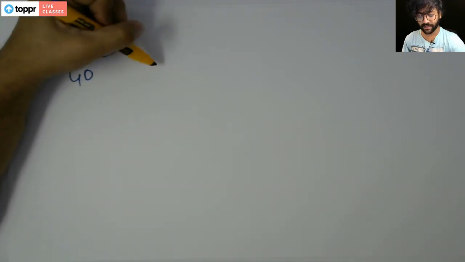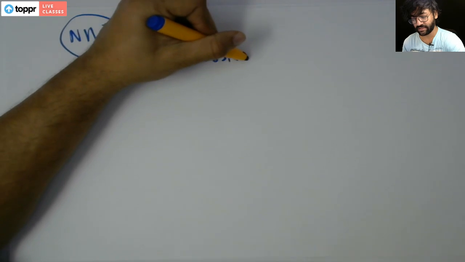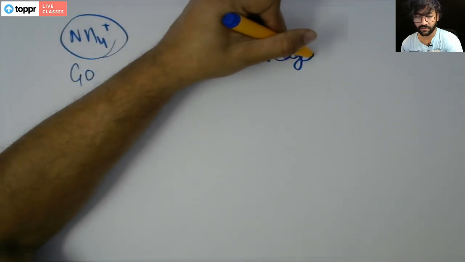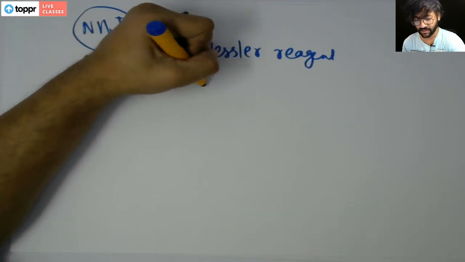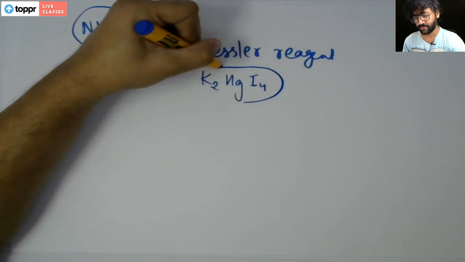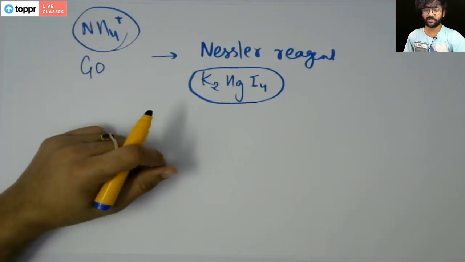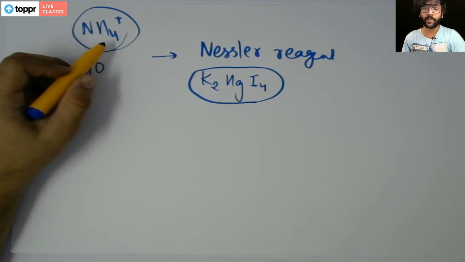It's done by a special reagent called Nessler reagent. So what is Nessler reagent? It is basically K2HgI4. This is what Nessler reagent looks like. This gives the positive confirmation test of ammonium salt.